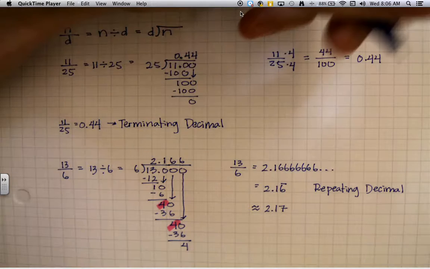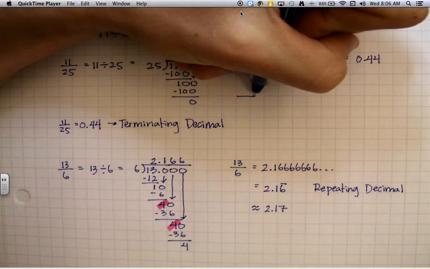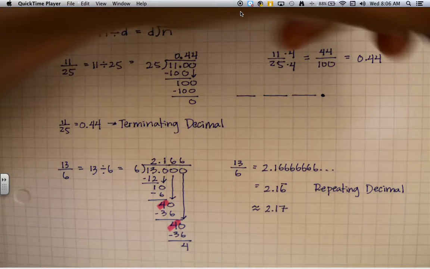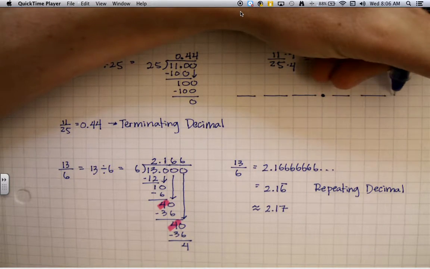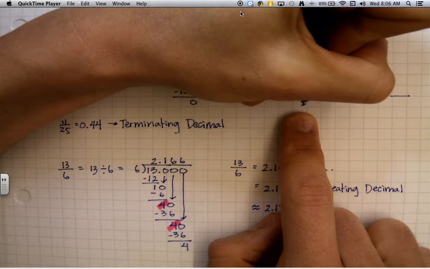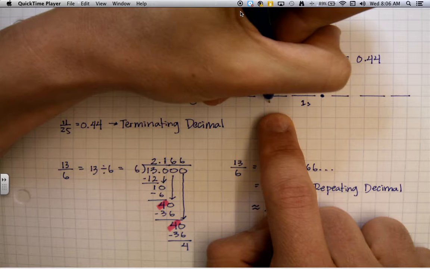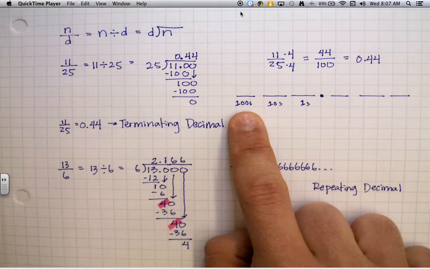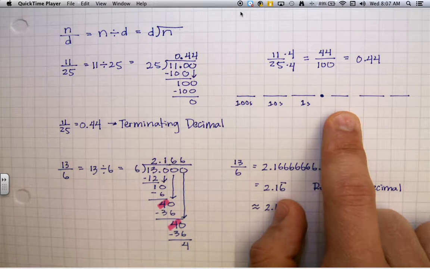So one more just quick follow-up regarding place value. If I have a decimal point here, and I've got some numbers on either side of that decimal point, this right here, that's the ones place, tens place, hundreds place, right? These numbers are getting bigger. If I go to the right of my decimal, the numbers are going to get smaller.